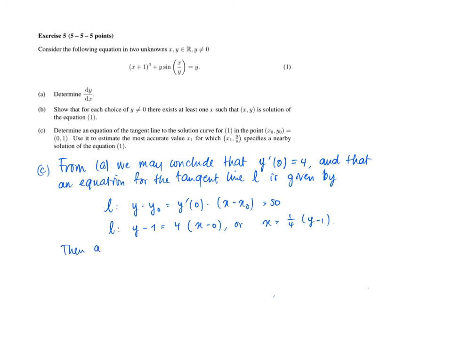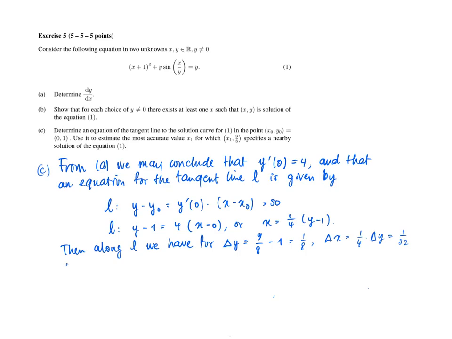So if we take a slightly bigger value of y, like 9 over 8, then delta y equals 9 over 8 minus 1. Then if we move along this line, we suspect that the change in x value is 1 over 4 times 1 over 8, that is, 1 over 4 times delta y, which is 1 over 32.